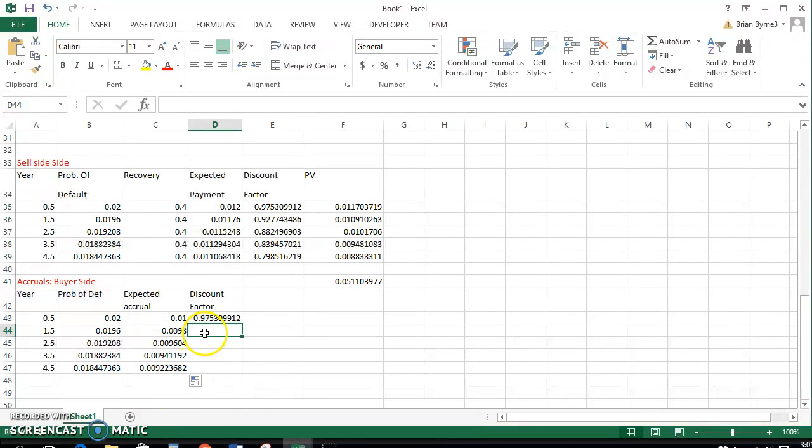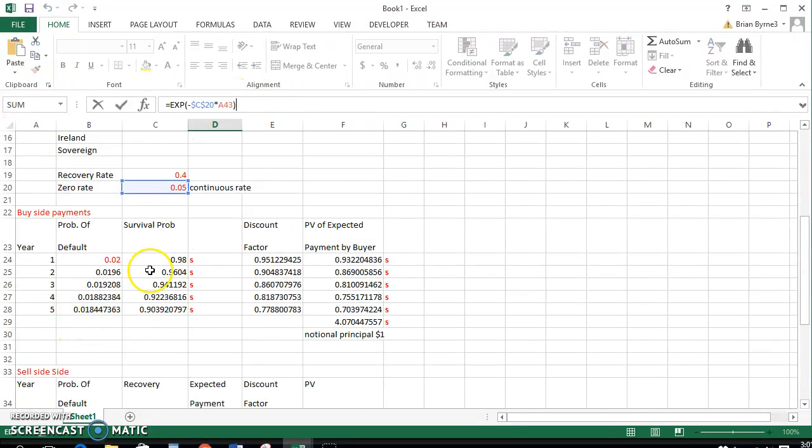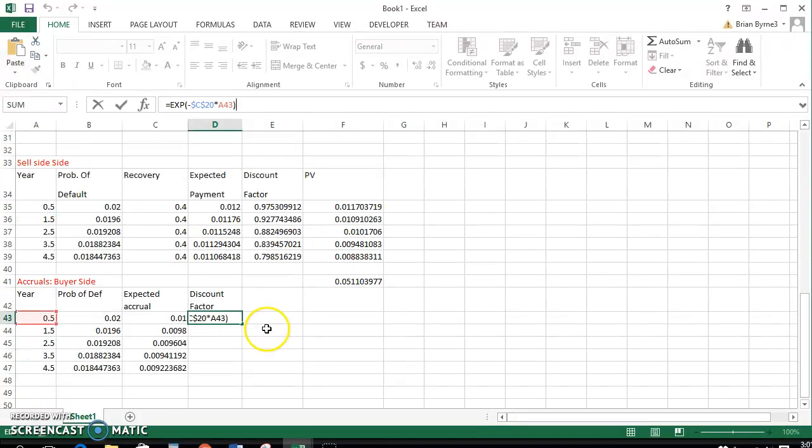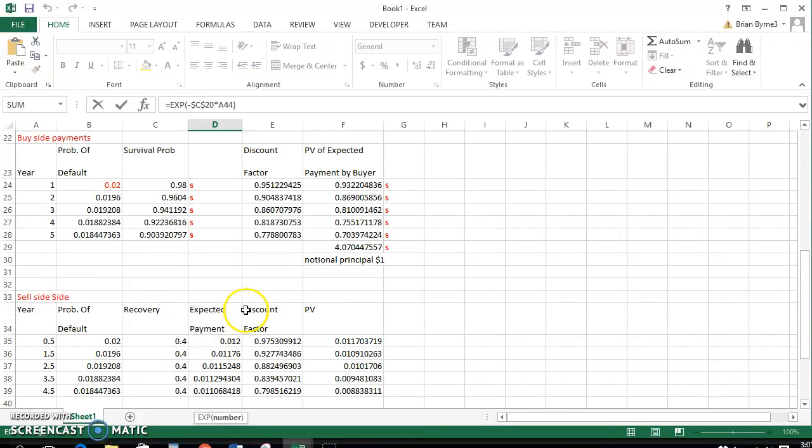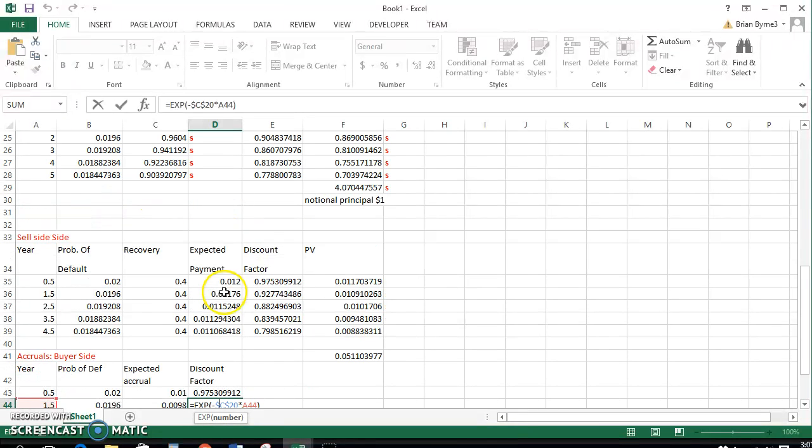Now let's check our discount factor. It's equivalent to month 6 discounted at 5%. Discount factor 0.975. Again, we drag that down for 1.5 years at 5%.